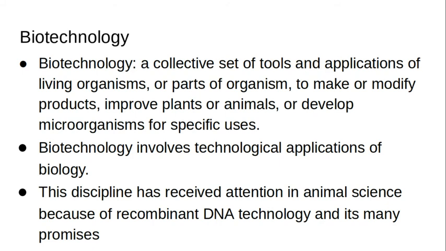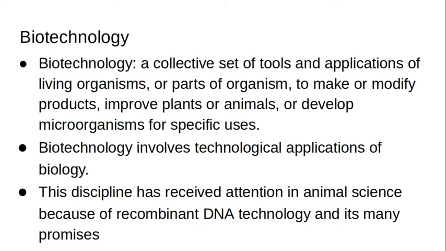The last category of animal science to be studied is biotechnology. Biotechnology is relatively new, and it is a collective set of tools and applications of living organisms or parts of organisms to make or modify products, improve plants or animals, or develop microorganisms for specific uses. Biotechnology involves technological applications of biology.